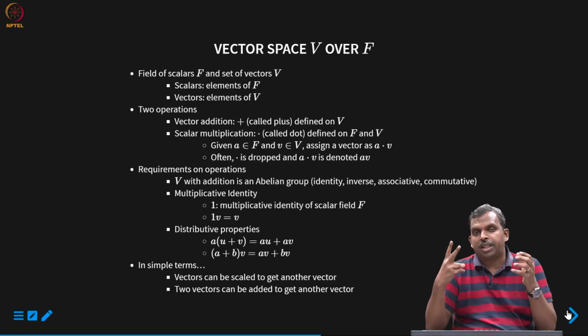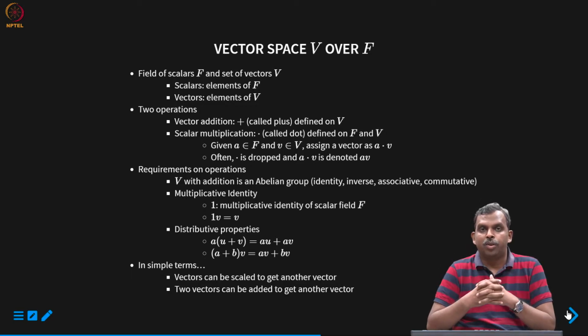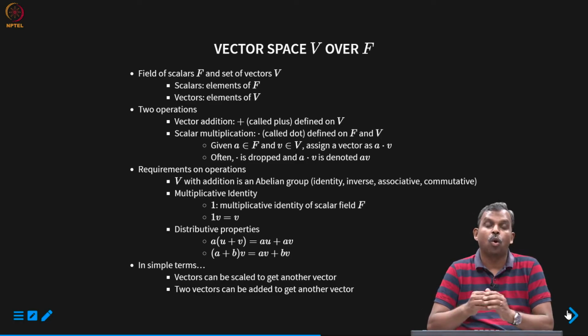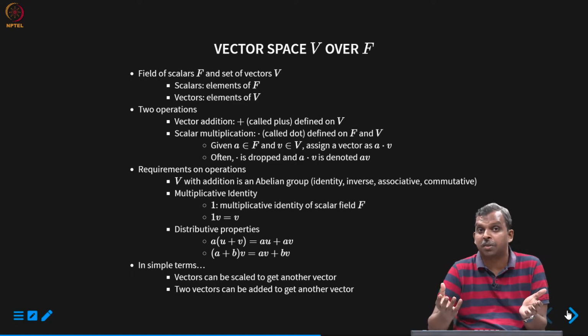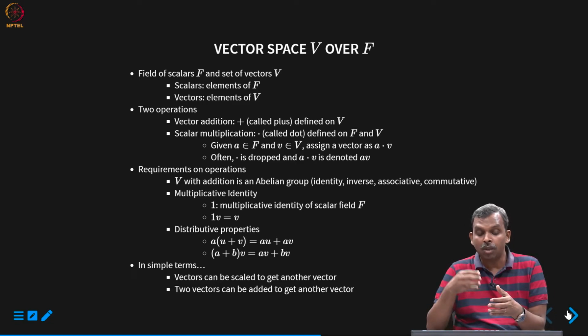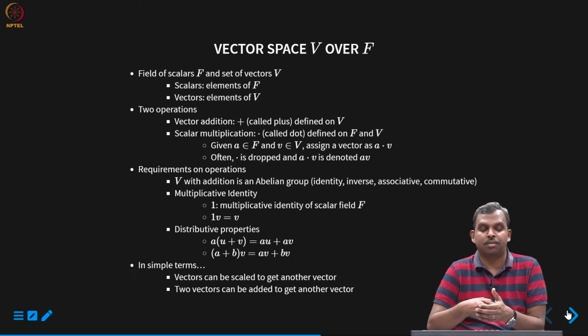Now, two operations are very important when you define a vector space. Whenever you define a vector space, you have to clearly and completely specify both these operations. Only then you have a vector space. Just because you have a set V and a field F, you do not have a vector space. You should say how to do vector addition. That is the first operation that you have to clearly specify.